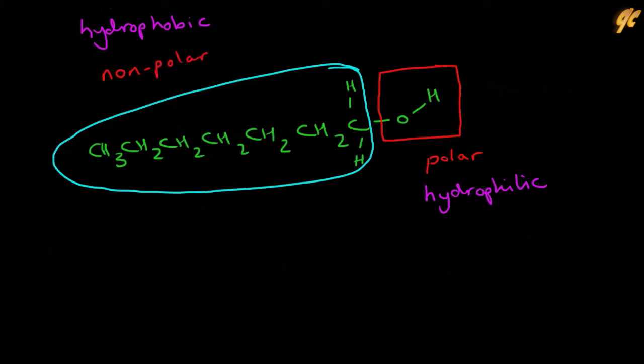As the hydrophobic part of the chain increases in size, it's more difficult for the molecule to dissolve in a polar solvent such as water, whereas the short molecules such as ethanol, methanol, propanol will readily dissolve in water. As the chain gets longer for the hydrophobic non-polar end, they become more and more insoluble.